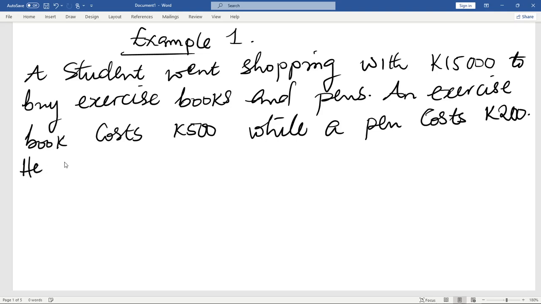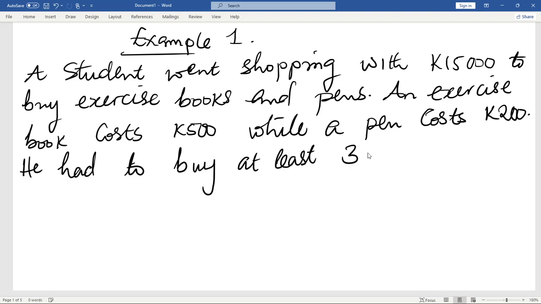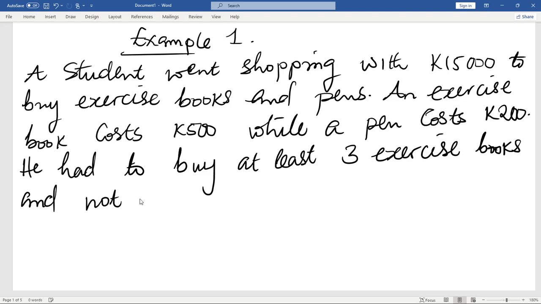He had to buy at least 3 exercise books and not more than 2 pens.